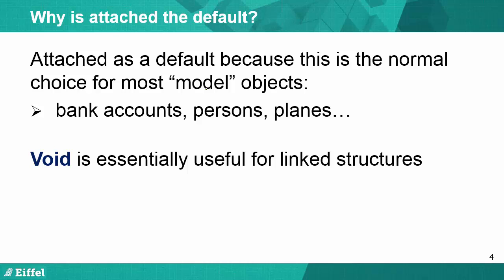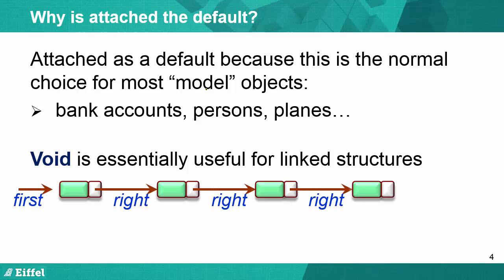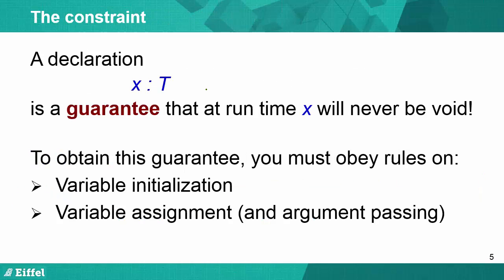Void is useful essentially to terminate linked structures. We saw this example in the second video where we have a linked list, and at the end of the list, of course, we're going to put a void. This is the standard way of terminating a linked structure. So the basic constraint is that a declaration such as this one is a guarantee that at runtime X will never be void.